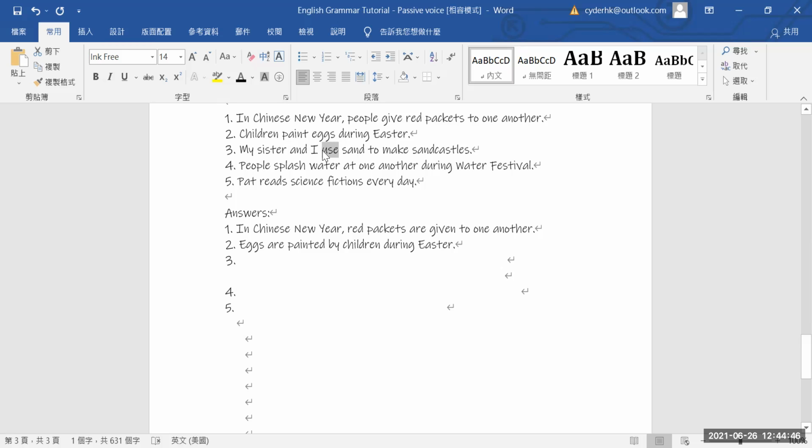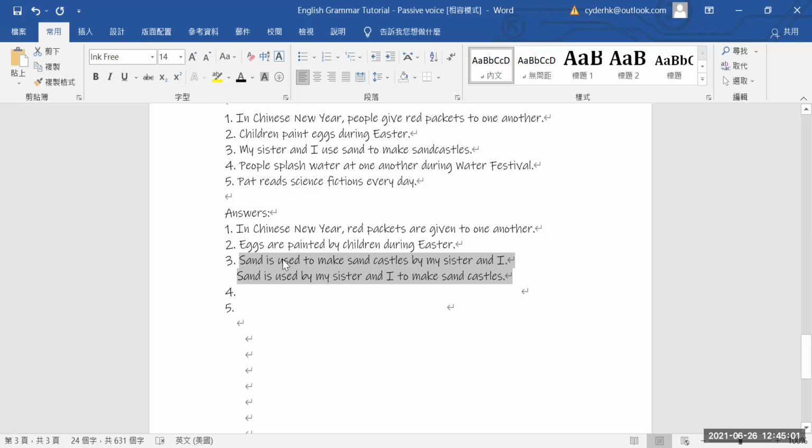So sand is used. Here we have the subject, by my sister and I. So we have two answers here. Sand is used to make sandcastles by my sister and I. Sand is used by my sister and I to make sandcastles.